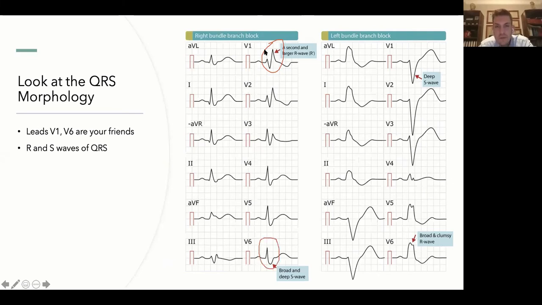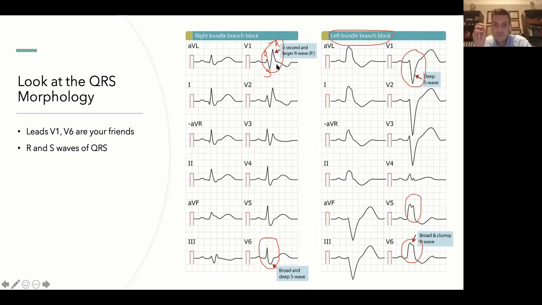This will be an R, S, R pattern, while here and here in the left bundle branch, the morphology will be entirely different. This is a very specific wave, and this is indicative of a right bundle branch block.